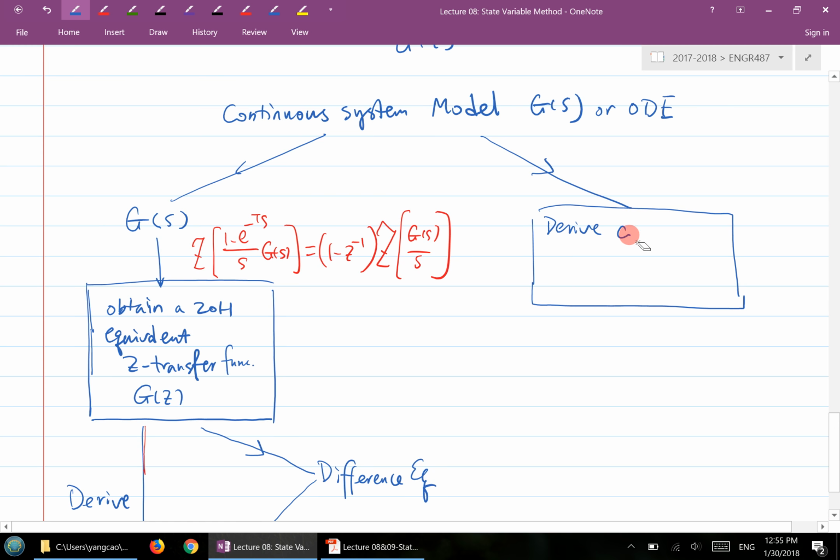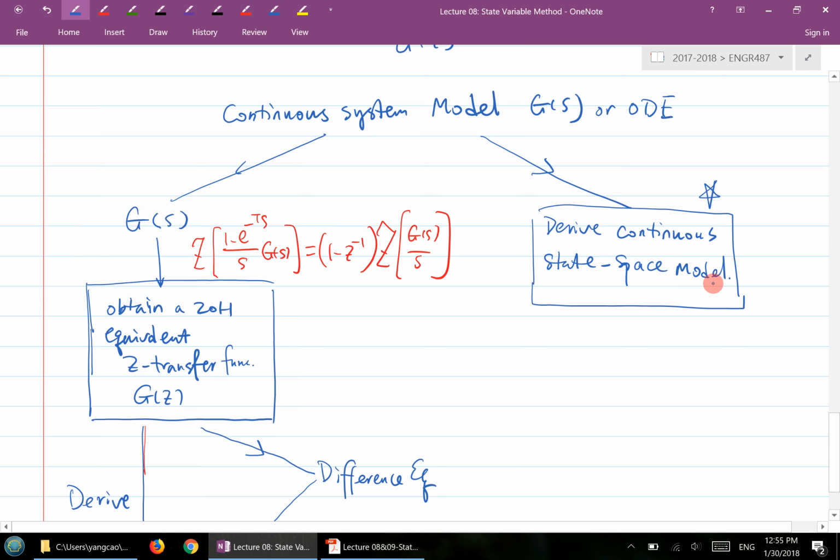Based on this information, we can derive the continuous state space model. I'll show you a couple of examples of how to derive it in one approach, but this is not our focus here. So from here to here is not our focus. This is an intermediate step.